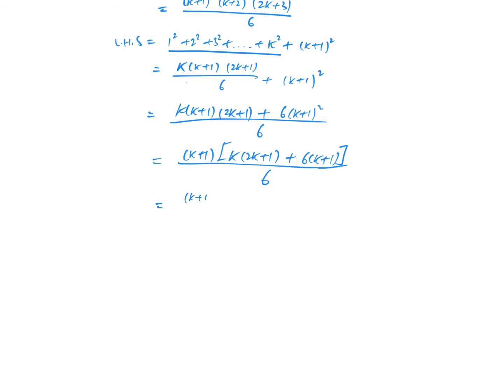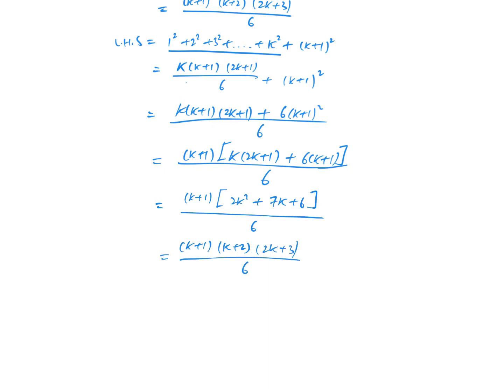Simplify. 2k squared plus 7k plus 6. This is equal to k plus 1 times k plus 2 times 2k plus 3 over 6 when you factor. Equal to the right-hand side. So P of k plus 1 is also true.